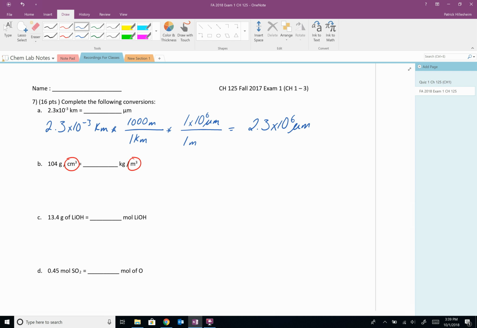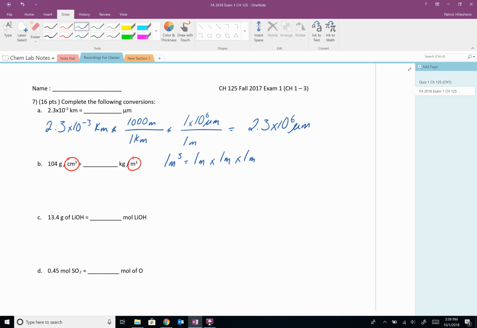If you take a look in your notes from lecture, you can see where we talked about this already, but here's a review of what we're going to do. So remember, a cubic meter is equal to 1 meter times 1 meter times 1 meter, right? Length times width times height, a cubic, 3-dimensional object.